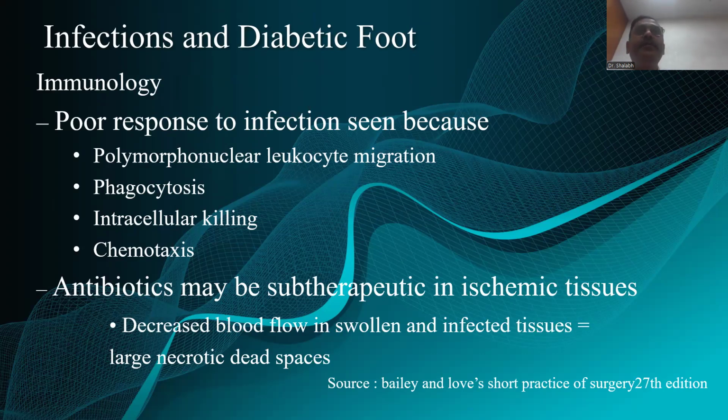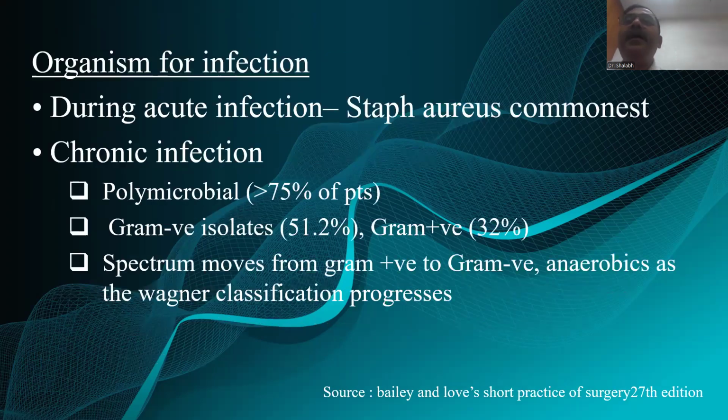When we give any patient an antibiotic for a soft tissue infection, in diabetics, especially infection of the foot, the role of the antibiotic is less because even if you consume adequate antibiotics, the antibiotic doesn't actually reach the tissue where it is supposed to act because of poor blood supply.